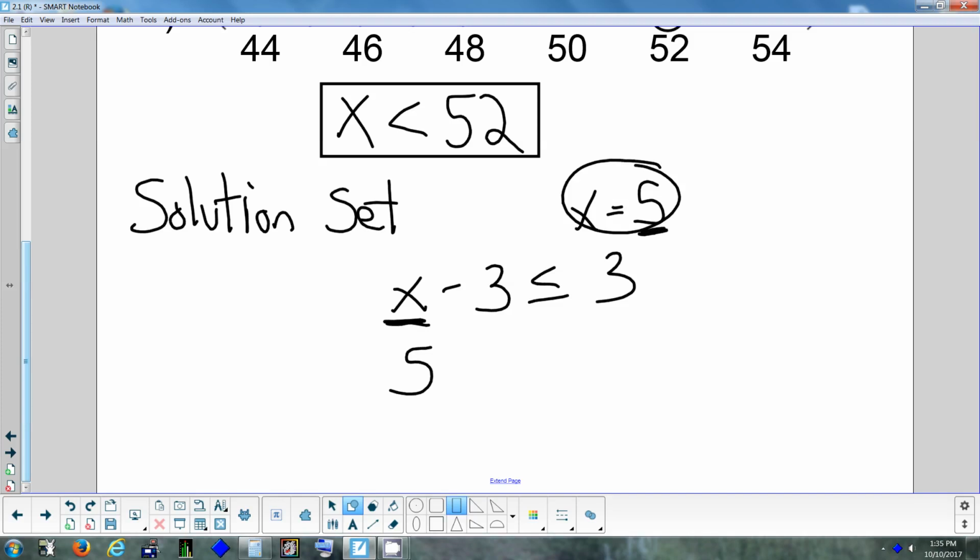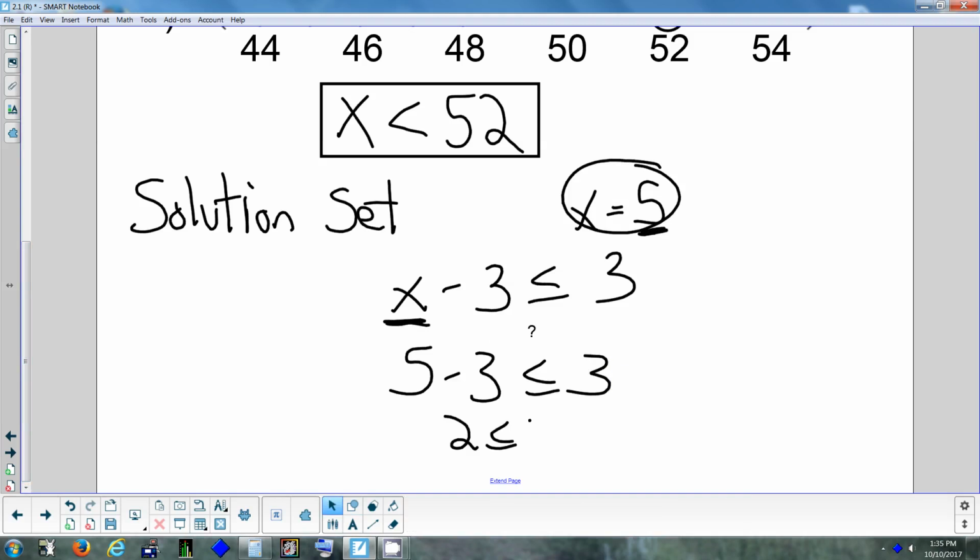The only thing that's different is the x. When it asks for the solution set, plug in whatever that number is. It should be no variable. 5 minus 3 is what? Guys, 2. What does that say? 2 is less than or equal to 3.